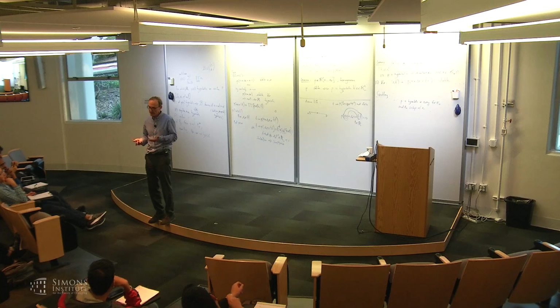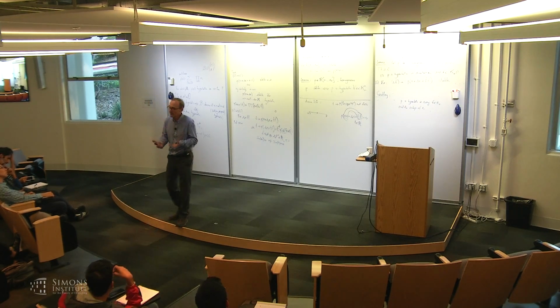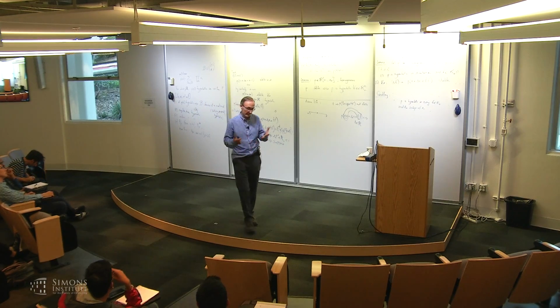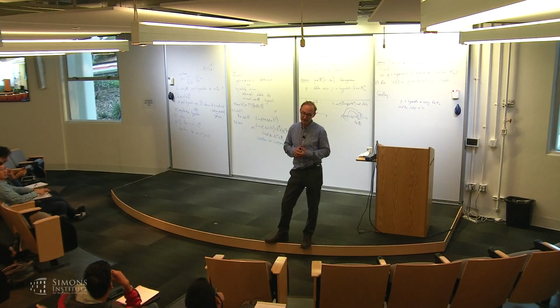One thing I'd love to do is to be able to find, as Sasha Barvinok asked, a nice application of it, maybe for discrete optimization or for some other class of problems.